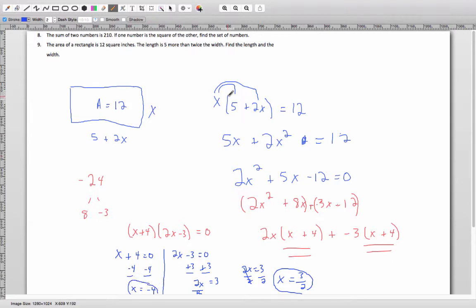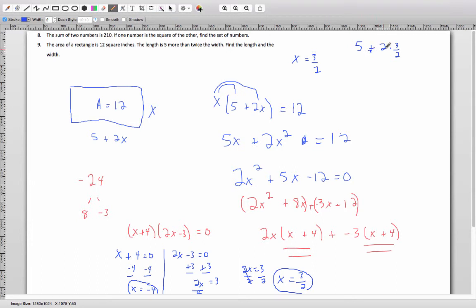But it says find the length and width. Can you have a negative length or width? No. So I know negative 4 is not going to work. I'm going to use 3 over 2 for my solution, so your x is 3 over 2. You have to plug it back in to find the length and width. To find the other dimension, I'm going to go 5 plus 2 times 3 over 2.